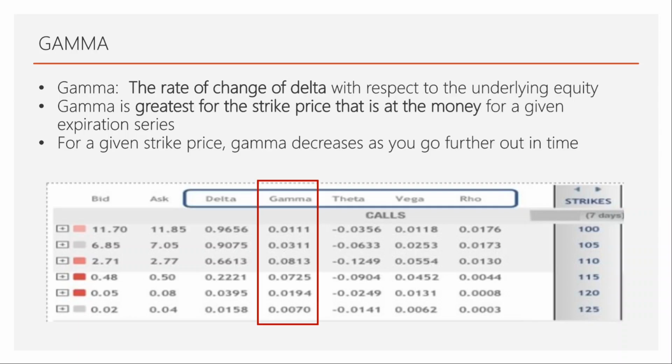The same applies for gamma as well. So when there is a change in stock price, you can see more change at the money option. At the money is what? Where the strike price is near to the stock price. Okay, that's what I'm trying to highlight here.